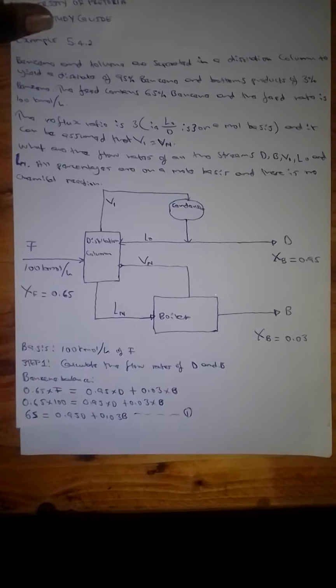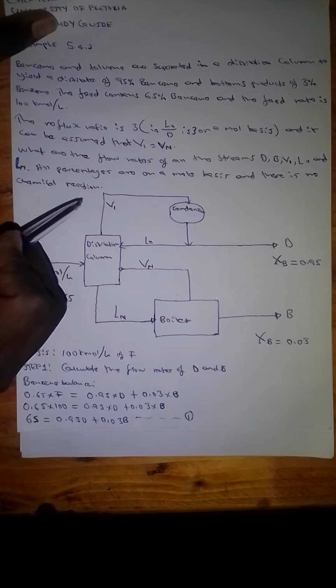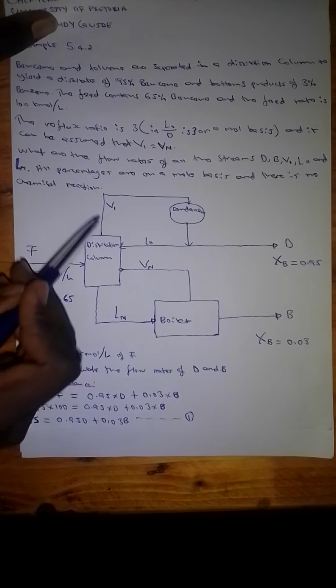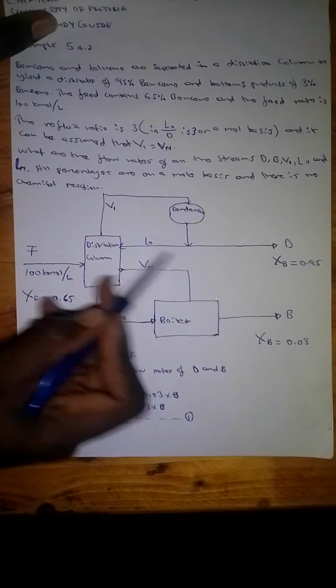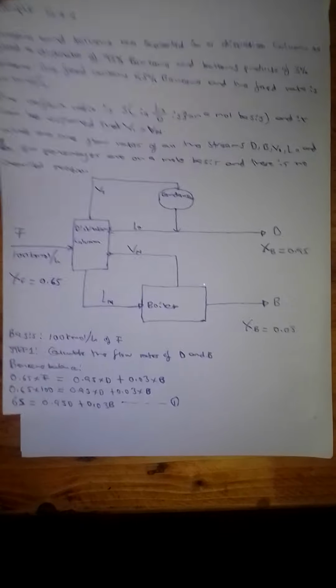So let me just bring the diagram, so this is actually our V1, and if you actually look at the direction of the arrows, you'll realize that V1 is equals to LO plus D. So, and we know that, okay, I can just write it down. Therefore, we know that V1 is equals to LO plus D.